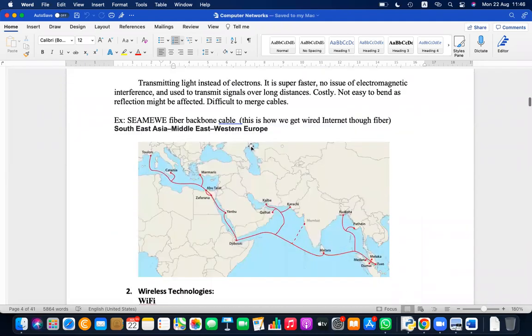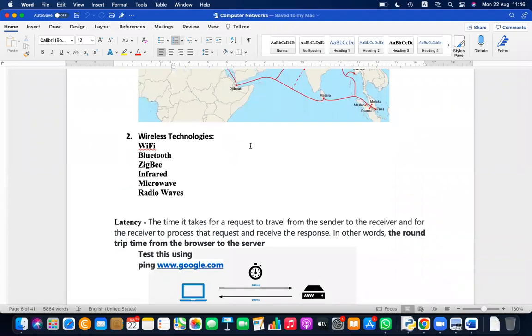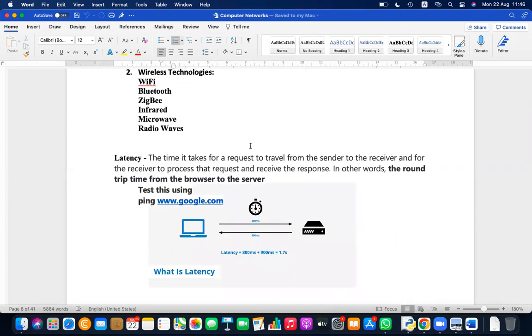Here you can see the wireless media also. These are the wireless technologies: Wi-Fi, Zigbee, microwaves, Bluetooth. These are wireless unguided media. So the media is one of the main concerns in connecting to the network. And the other concern is the devices.